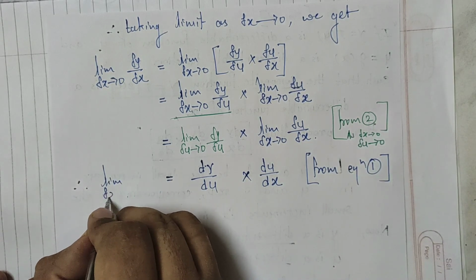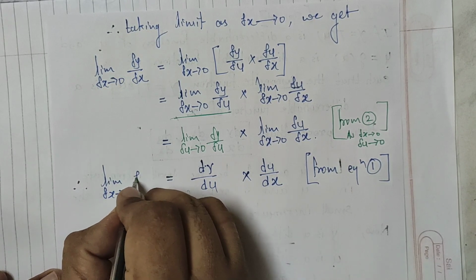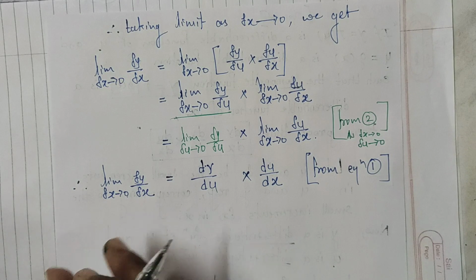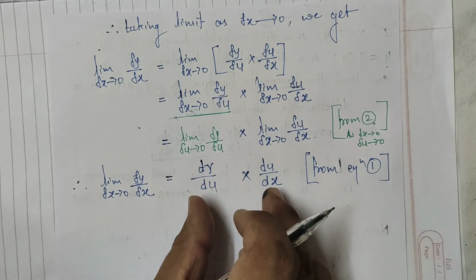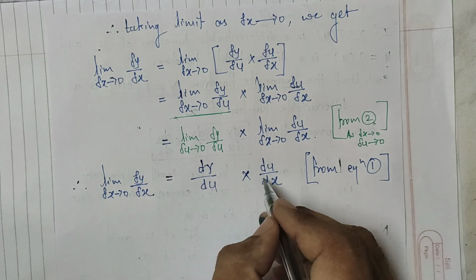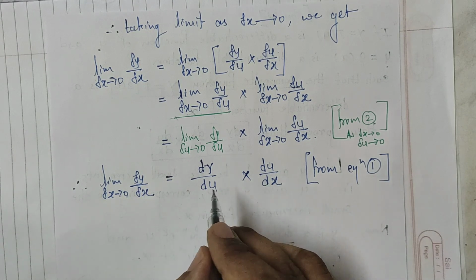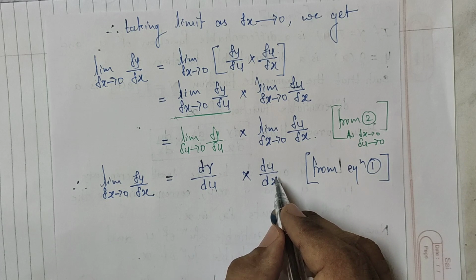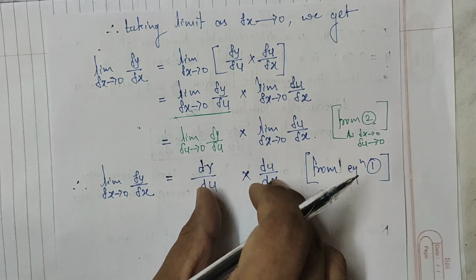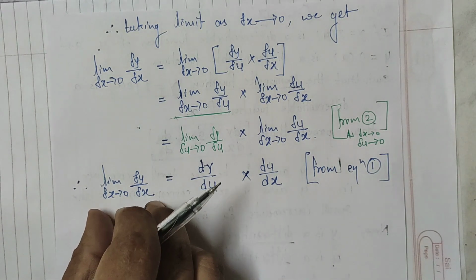So here what we get? Here limit delta x tends to 0, delta y upon delta x. Here we observe that this side is LHS, this side is RHS. Both functions on the RHS are differentiable. If RHS is differentiable, then LHS also becomes differentiable.